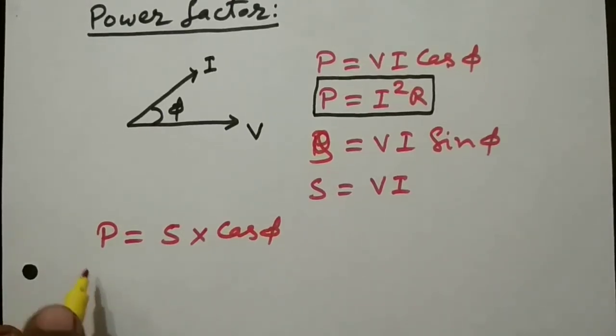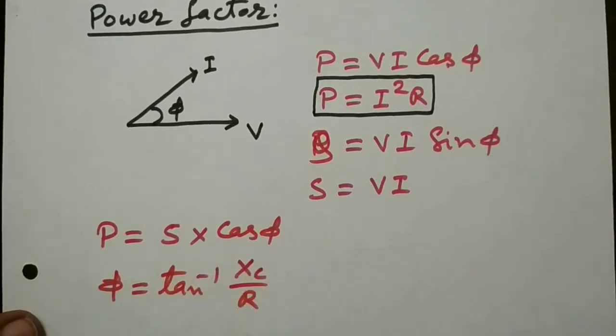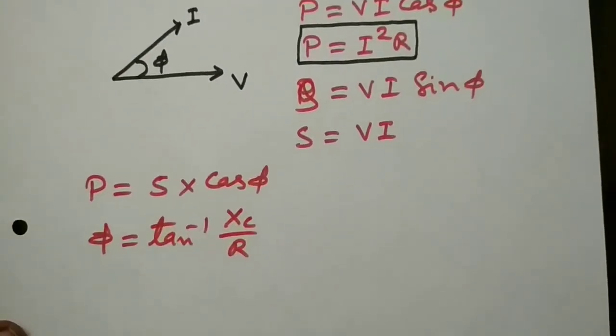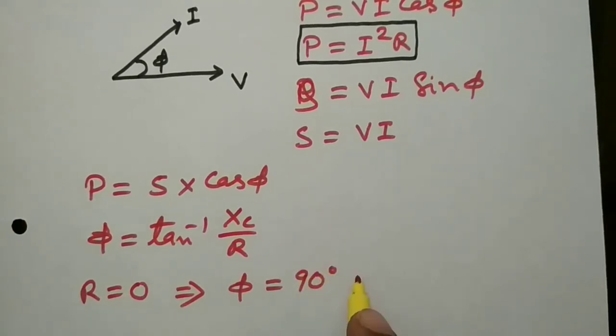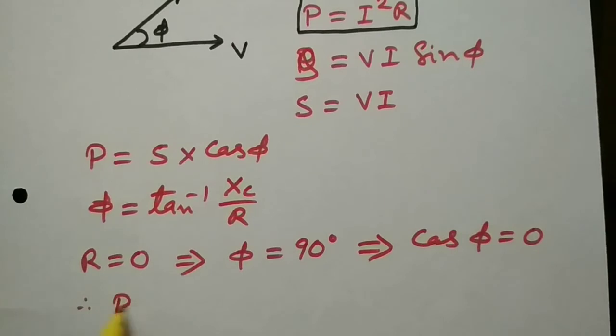We have seen that phi is represented by tan inverse Xc upon R. Now here, if the value of R is equal to 0, then phi will be equal to 90 degrees, and as a result cos phi will be equal to 0. Therefore the power, that is VI cos phi, will also be equal to 0.